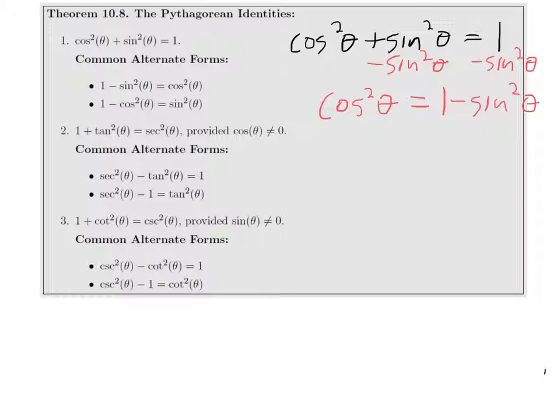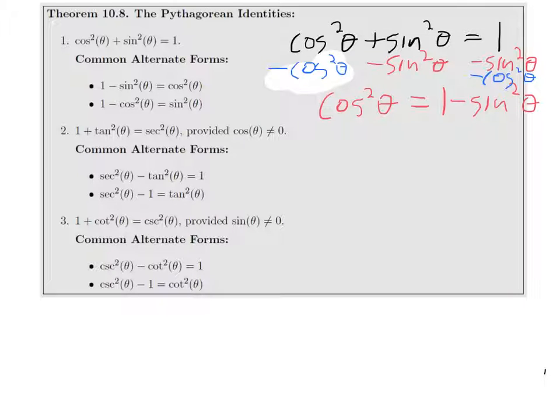And there we have it. That's not worth memorizing because it's one step. If instead I subtracted cosine squared theta, and this is a little messy, but you guys are trig students, so I'm not worried about you following steps.